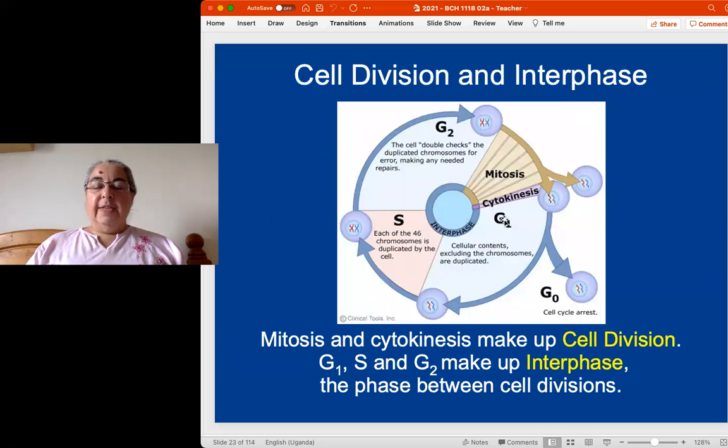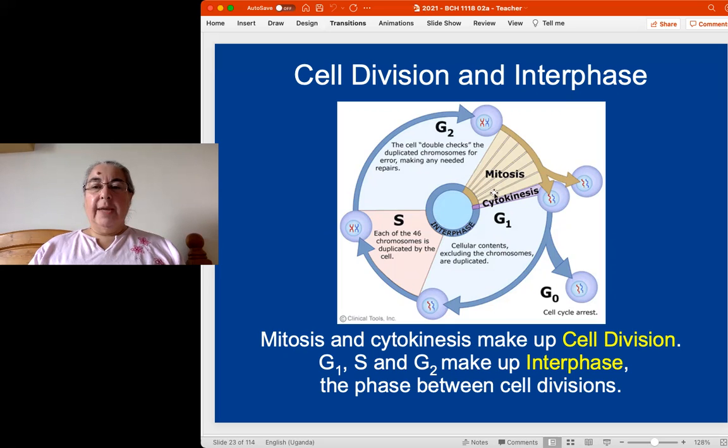Something else you might have noticed in this diagram is that these three stages, G1, S phase, and G2, are labeled as interphase. So these three stages make up interphase, the phase in between active cell division.